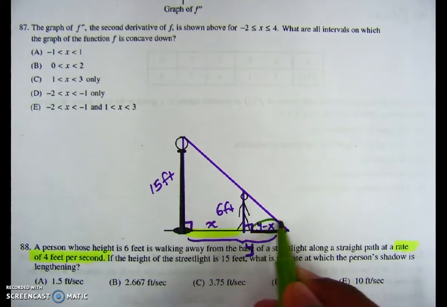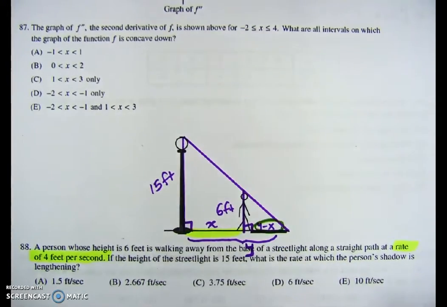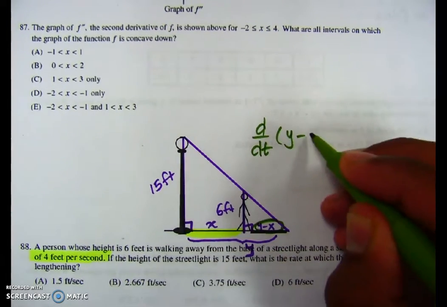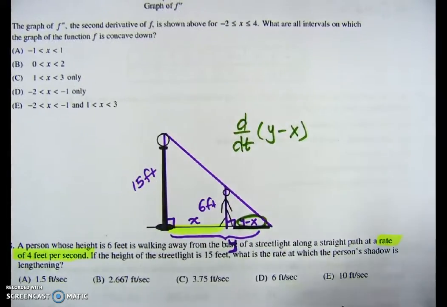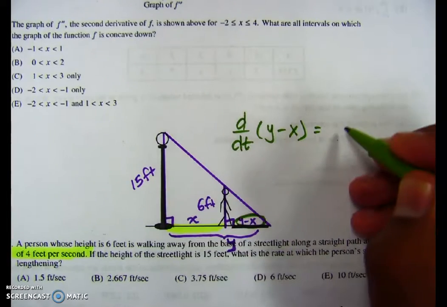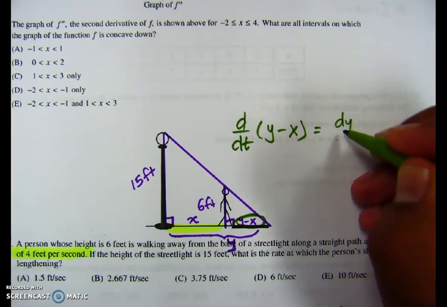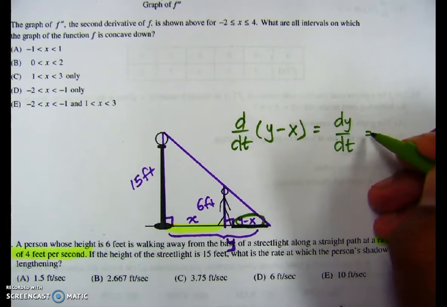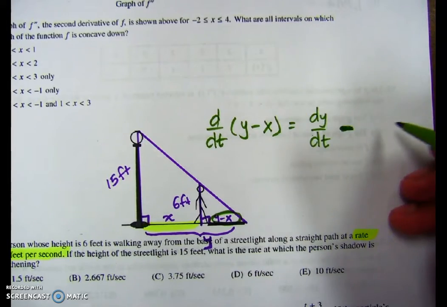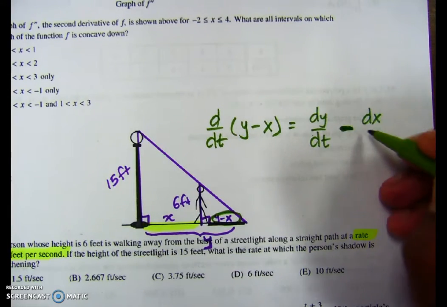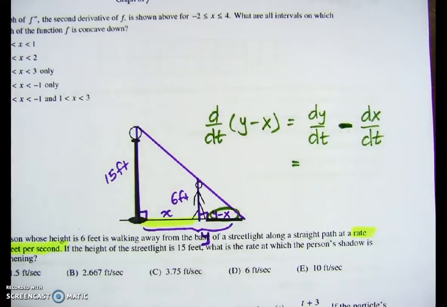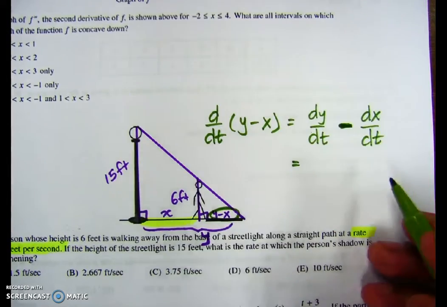We want the derivative of y minus x. So the derivative with respect to time of y minus x. Again, this is just implicit differentiation, so this is the derivative of y, which is 1 times dy dt, minus the derivative of x with respect to time, so that's 1 times dx dt. We actually know what dy dt is.